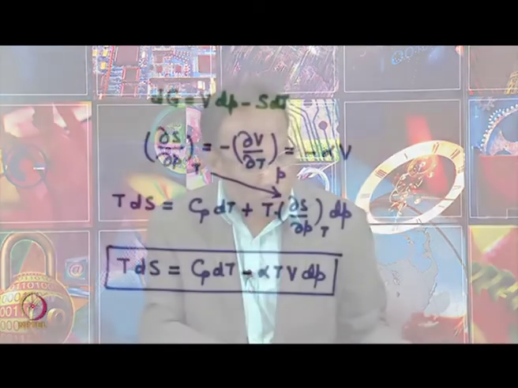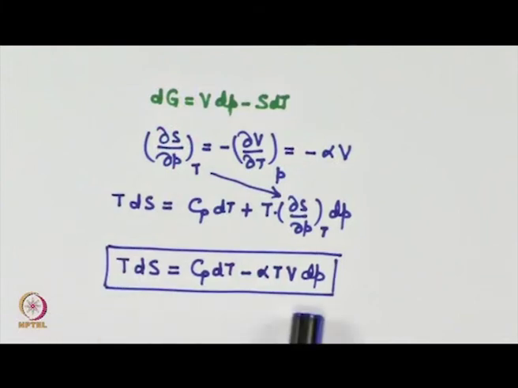Please remember again that in deriving these equations we have not assumed any ideal behavior. For example, this particular equation will allow you to calculate the entropy changes when the temperature and pressure change. So what information do we need on the system then? The heat capacity, expansivity, the temperature and volume.